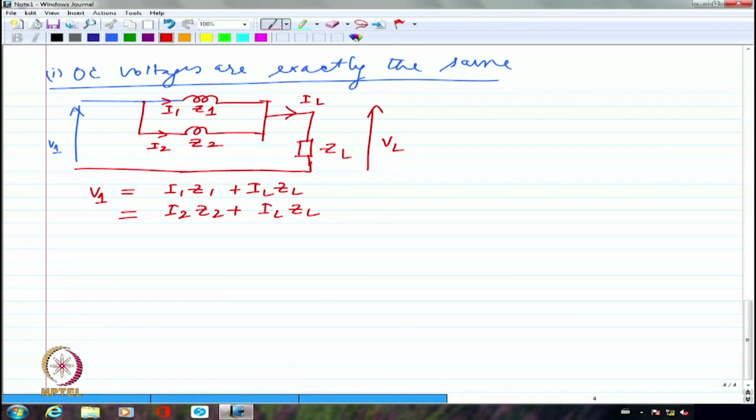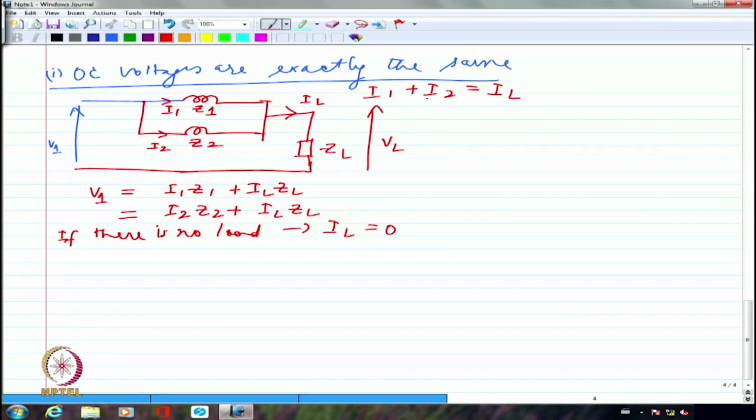So, this is going to be valid if there is no load. Then I am going to have IL equal to 0. And I can definitely write in this case I1 plus I2 equal to IL, Kirchhoff's law. So, if IL is 0, I1 is going to be minus I2 and vice versa. I1 will be equal to minus I2.